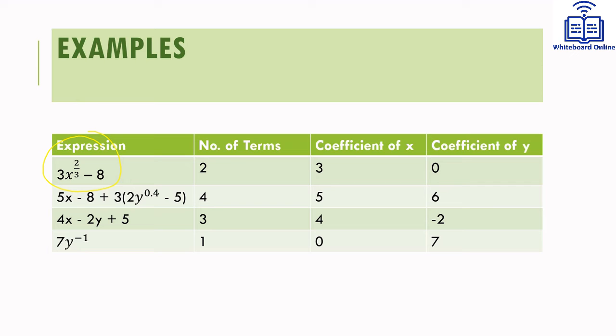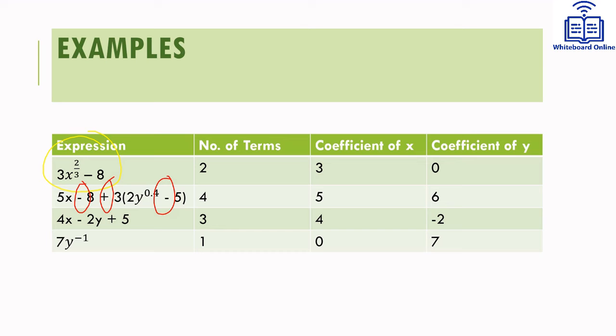Similarly, the second one is 5x minus 8 plus 3 multiplied by 2y raised to the power 0.4 minus 5. In this, how many terms are there? Note down the plus and minus operations. How many times are plus and minus there? 3 times. And with these 3 operations, how many terms are connected?